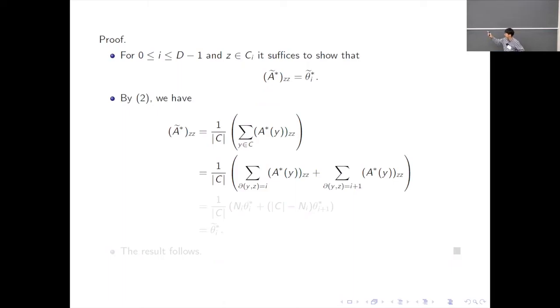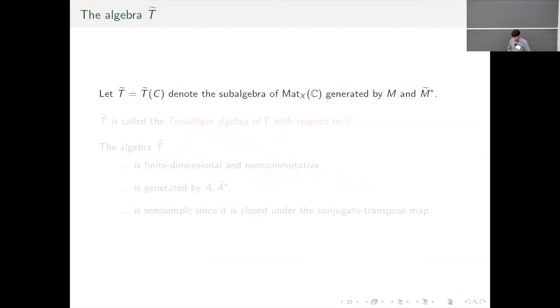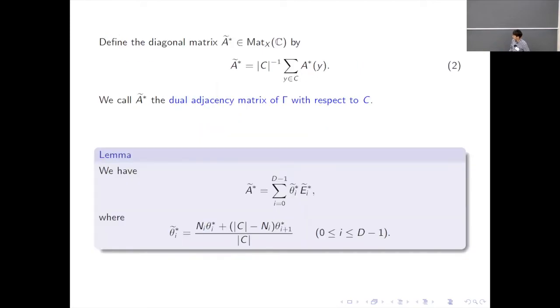So we can split this sum into two summands. In the first summand, the zz entry of A star y is just theta i star, and there are Ni such vertices y by definition of Ni. Similarly, we have C minus Ni choices for such a vertex y, and the zz entry of A star y is nothing but theta i plus 1 star. So we just showed this equation, and we call this A star tilde the dual adjacency matrix with respect to the Delsarte clique C.